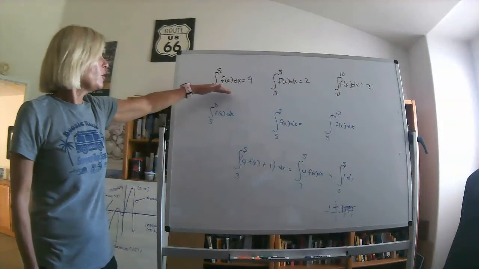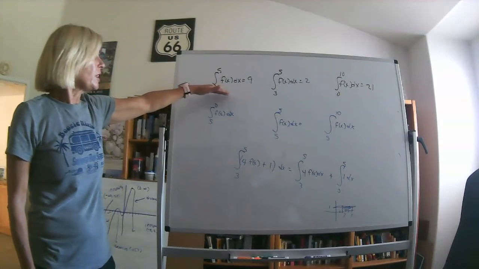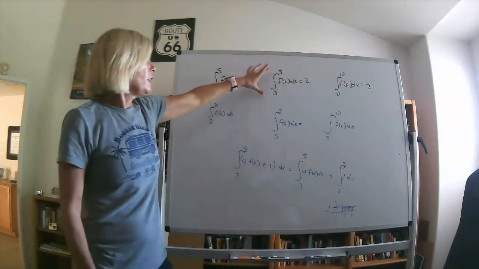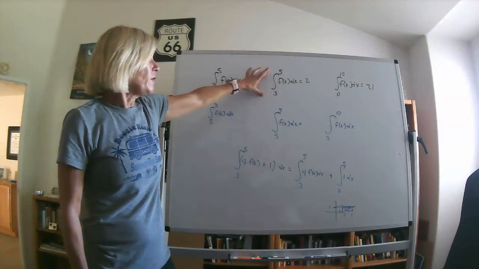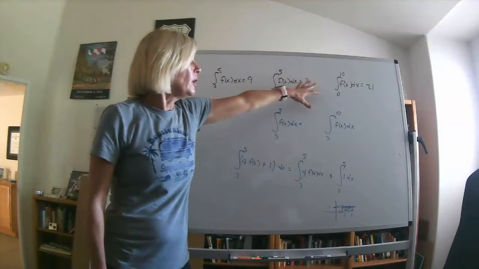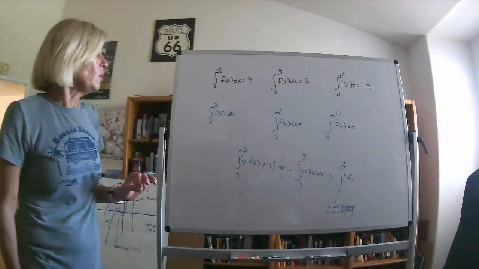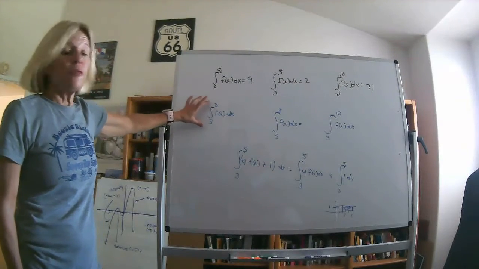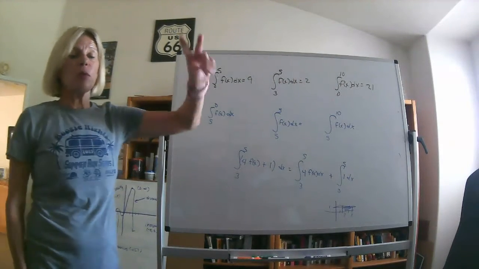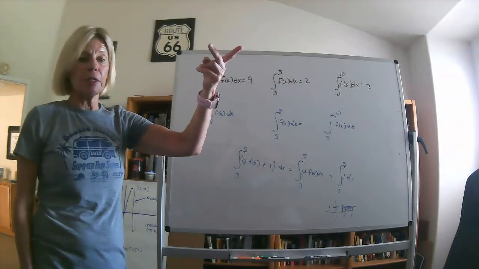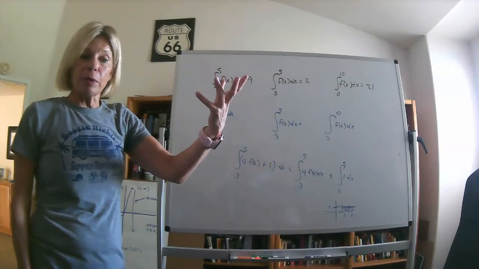So the integral from 0 to 5 of f of x dx is 9. The integral from 3 to 5 of f of x dx is 2. And finally, from 0 to 10 of f of x dx is 21. The first property has to do with when I switch my boundaries. I'm going backwards.